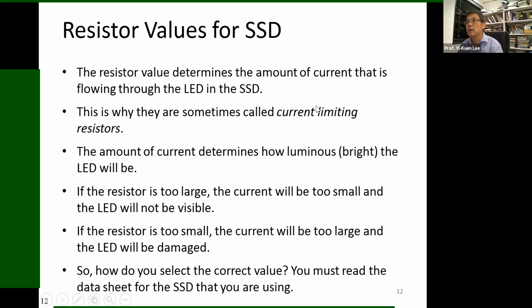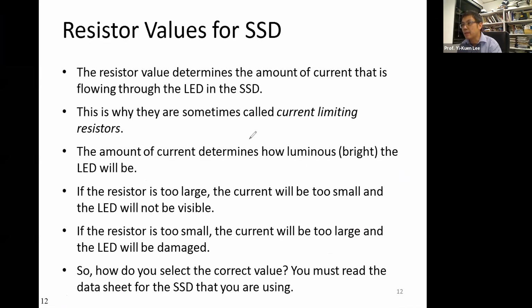And then of course, again, how we pick and write the resistor for the LED in this display. As I told you, an LED has nonlinear behavior, so you have to have an additional resistor.